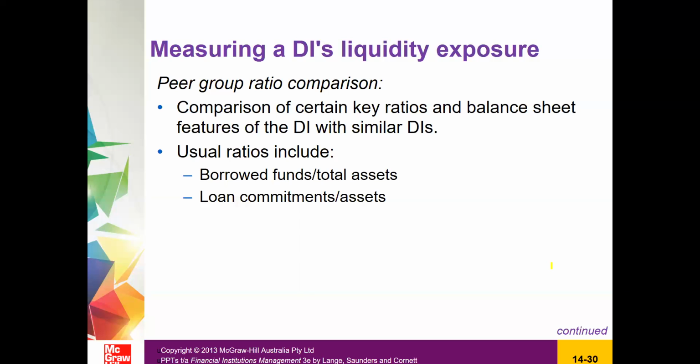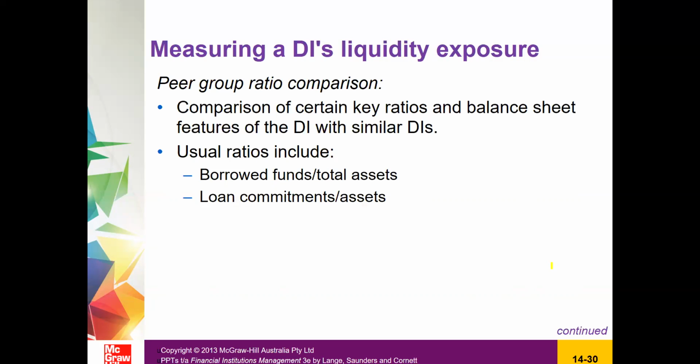A high ratio of loans to deposits and borrowed funds to total assets means that the depository institution relies heavily on the short-term money market rather than on core deposits to fund loans. This could mean future liquidity problems if the depository institution is at or near its borrowing limits in the purchased funds market.